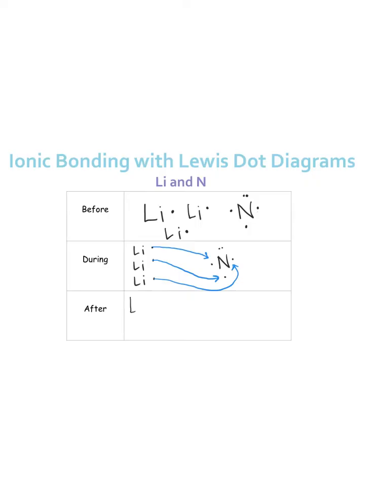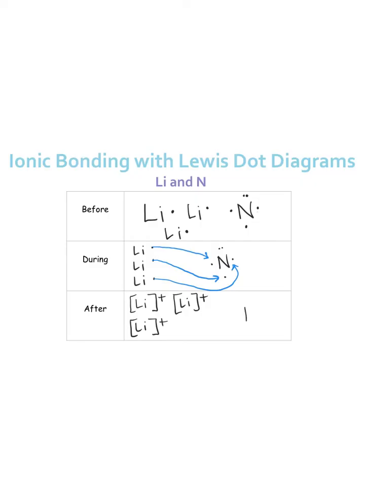Lastly, for the after, we need to show the charges that lithium and nitrogen have acquired now that there has been a transfer of electrons. So that means I'm going to put each of the lithium, now cations, in brackets, and I'm going to show that each lithium has a positive charge because it has lost an electron. It now has 1 more proton than the number of electrons.